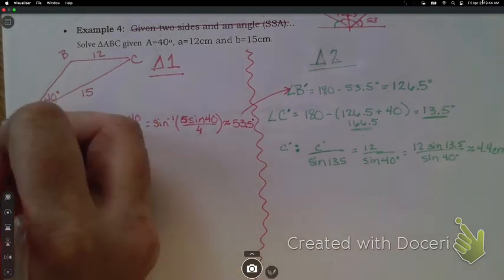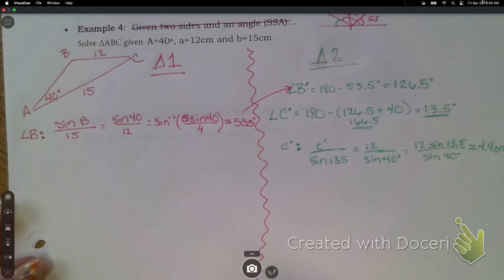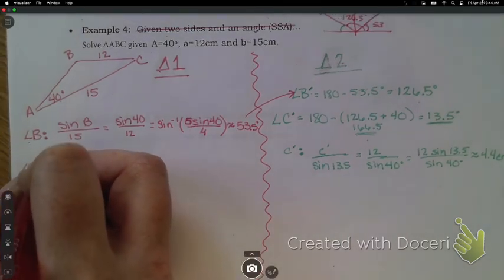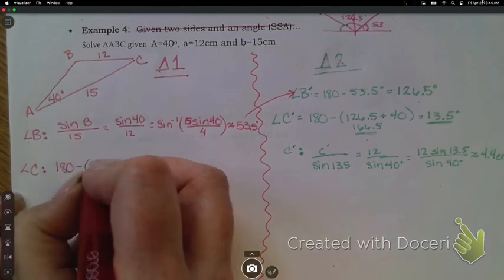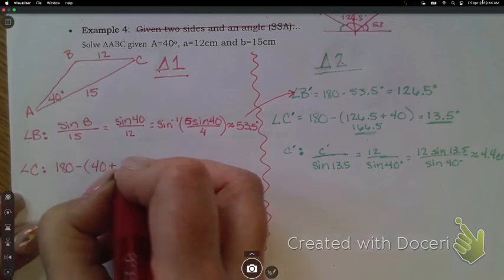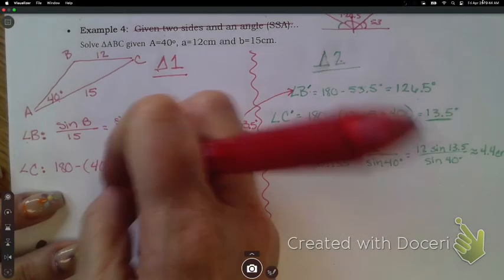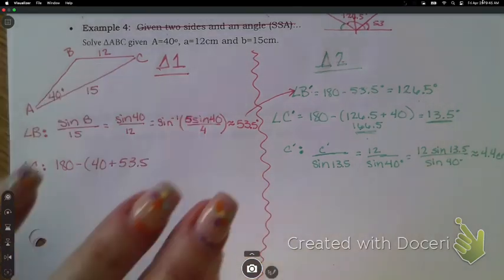I found angle B. I now need to find what? Angle C. So that would be 180 minus 40 plus 53.5. Why do I want to put the decimal in the wrong place all day? 93.5.